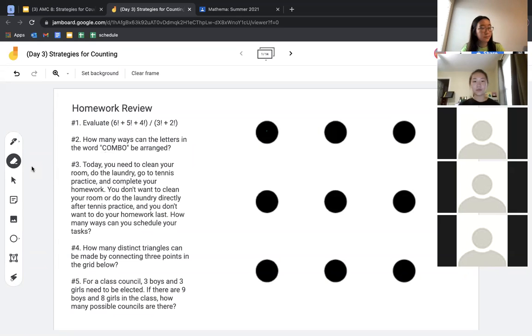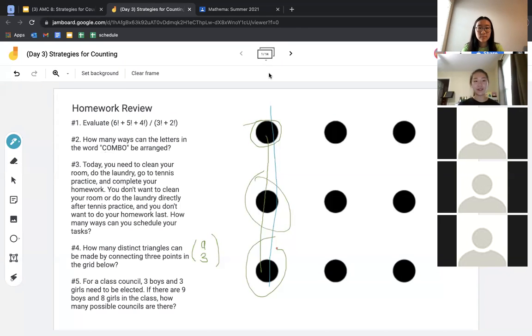And so there's 9 dots, so 9 choose 3, to see how many different possible combinations of 3 dots you can pick from this grid. And then you have to make sure that you are subtracting some of these combinations, because this would be an example of 3 points, these 3 points right here. And if I pick these 3 points, it becomes a line instead of a triangle, right? So then I have to account for those.